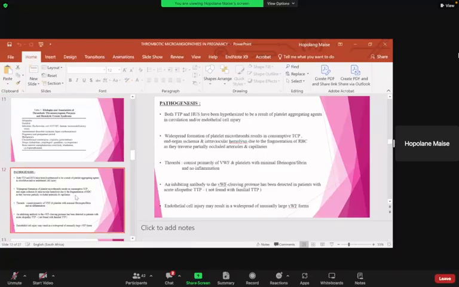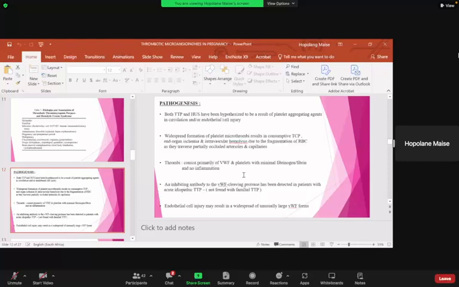So both TTP and HUS have been hypothesized to be a result of platelet aggregating agents in circulation and endothelial cell injury. Widespread formation of platelet microthrombi results in consumptive thrombocytopenia, end-organ ischemia, and intravascular hemolysis due to the fragmentation of red blood cells as they traverse partially occluded arterioles and capillaries.